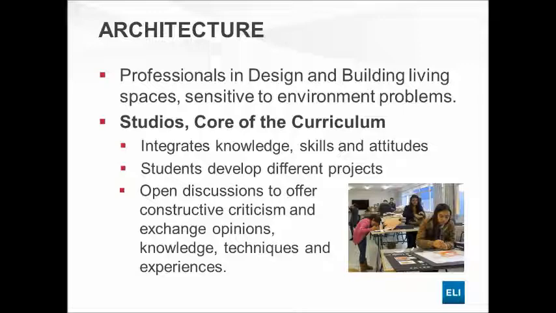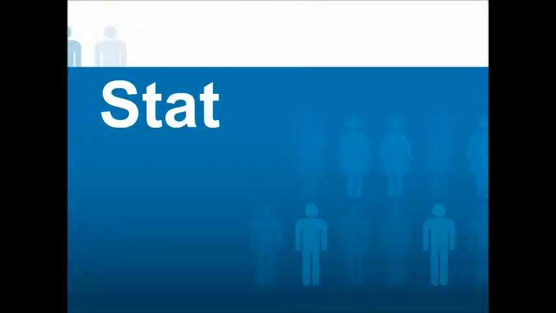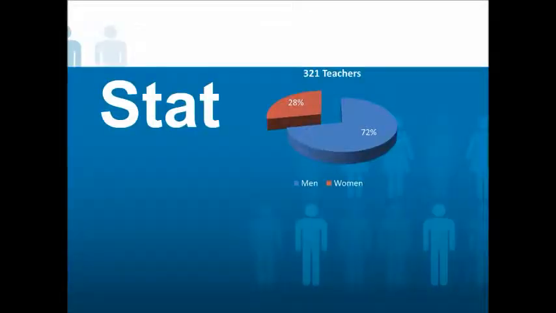Students are required to develop different projects that become common ground to open discussions when teachers and students are invited to offer. The Autonomous University of Aguascalientes has a department structure, so in architecture we have the support of 321 teachers, where 72% are men and 28% are women.